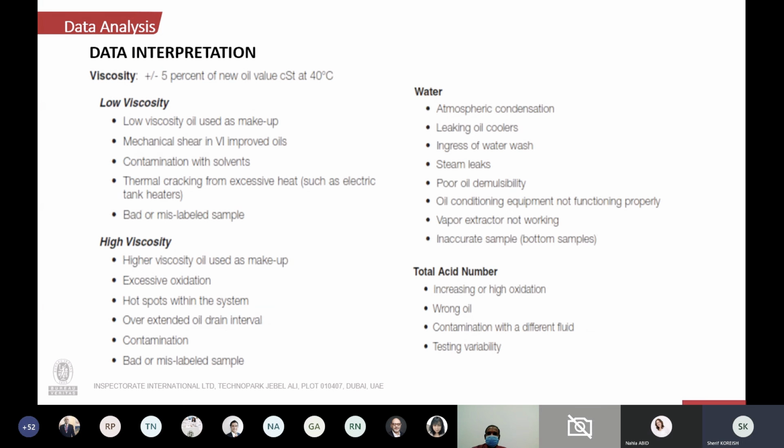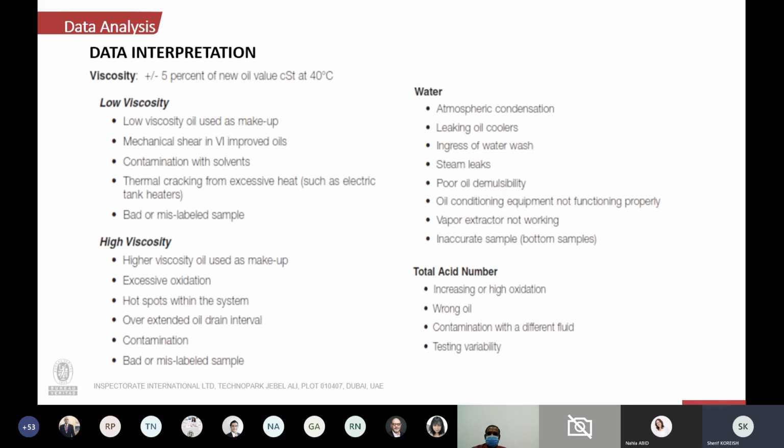Water, of course, is something people don't want to see in their lubricants. The damage that can happen from the water, from foaming, from plugging of filters and so on, should be avoided. The water can come from atmospheric condensation, leaks, ingression from water wash during washing of the machinery, steam leaks when we are talking about steam generators.